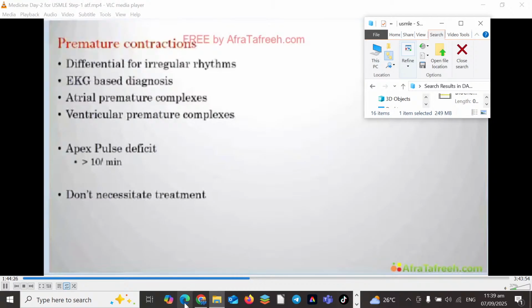So now we'll be coming to the concept of a premature contraction. We have covered a lot of topics in the last 1.5 or so hours of a period of 2, which was tachycardias.